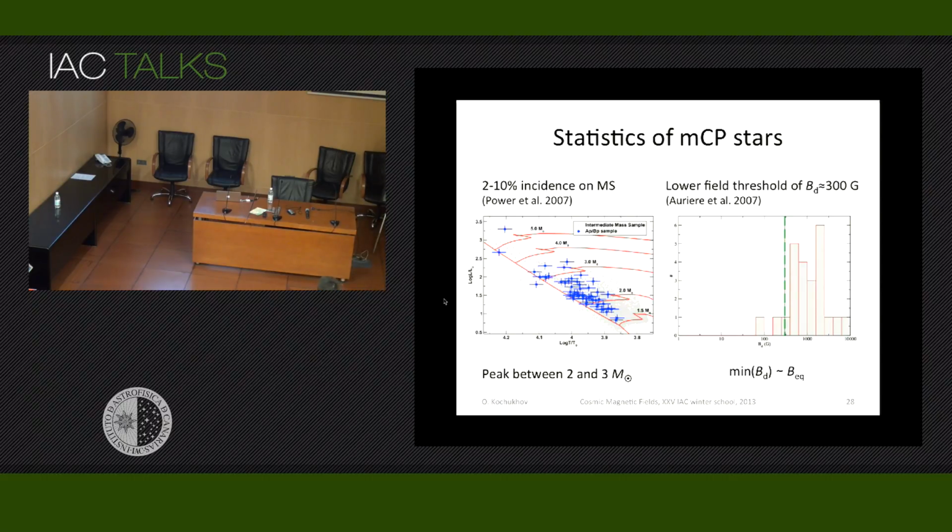As I indicated, the sensitivity of modern spectropolarimetry is sufficient to see a few tens of Gauss for these stars, but we are not observing anything below roughly 300 Gauss. So fields below this apparently cannot survive in these stars, and maybe not surprisingly, this is very close to the expected equipartition field strength for these stars.